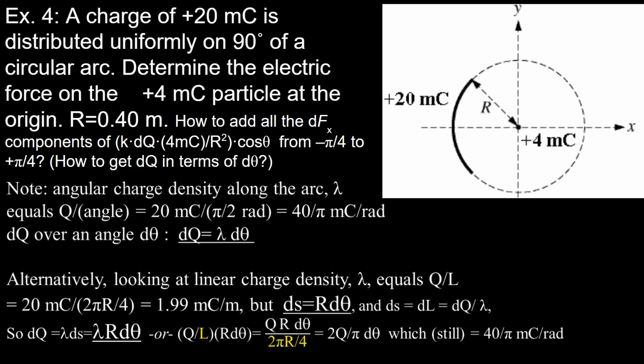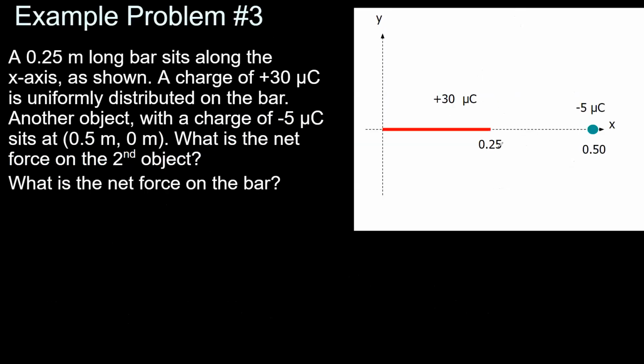Now, just like moment of inertia, you have to do this using calculus because it's a bar and there's distance involved. So you have to add the dF components. This one is a circle, but it works the same for the line. You have to imagine that you split this line into infinitesimally small point charges that together make up this 30 microcoulomb charge.